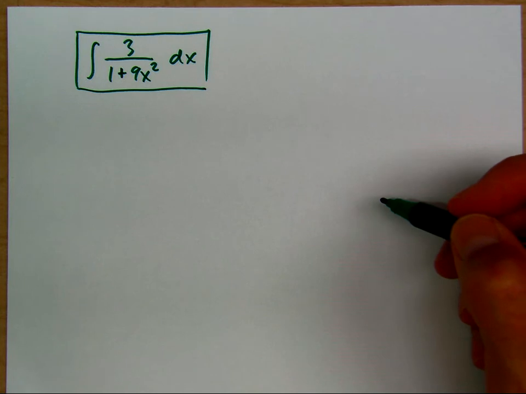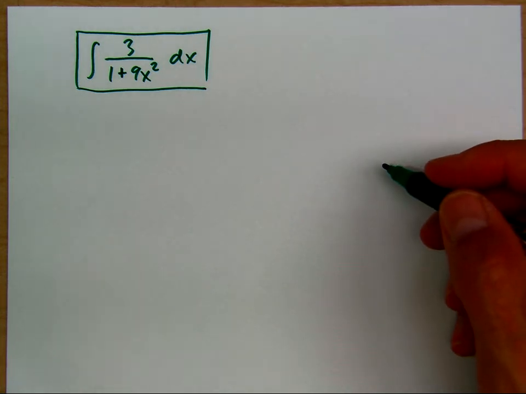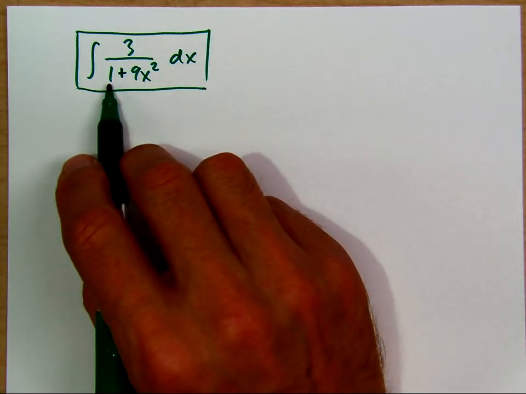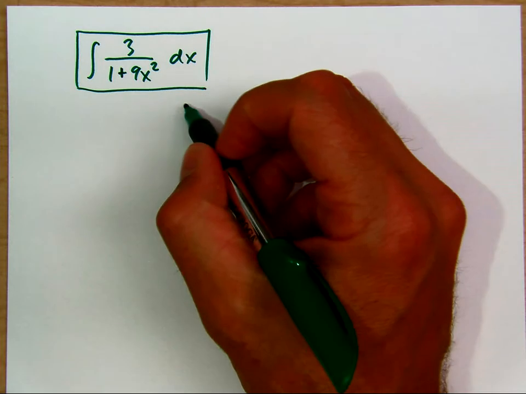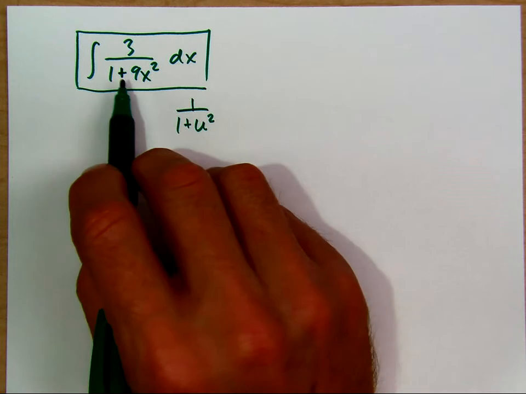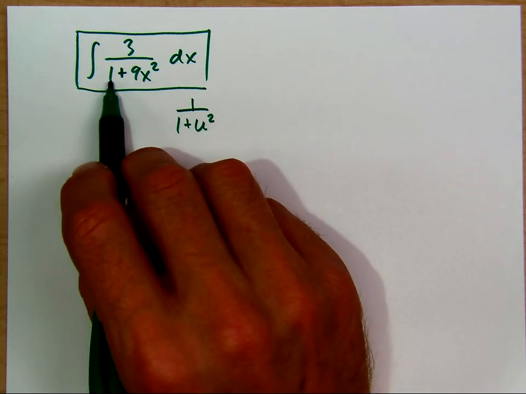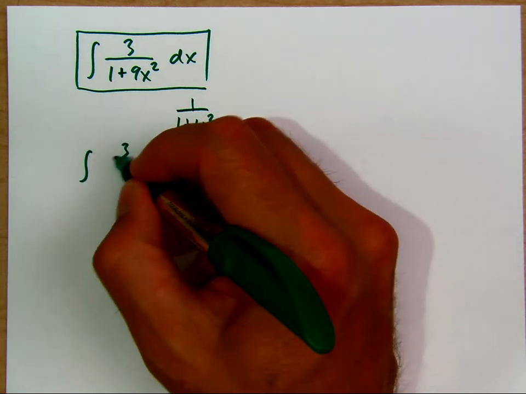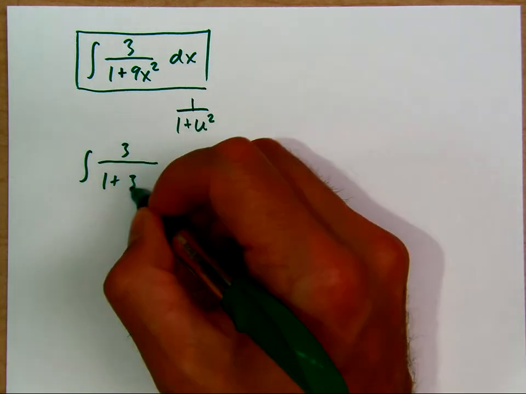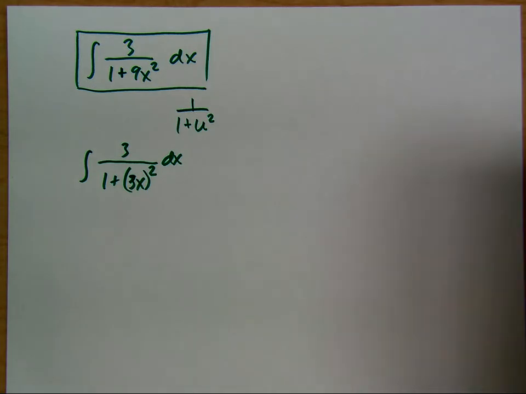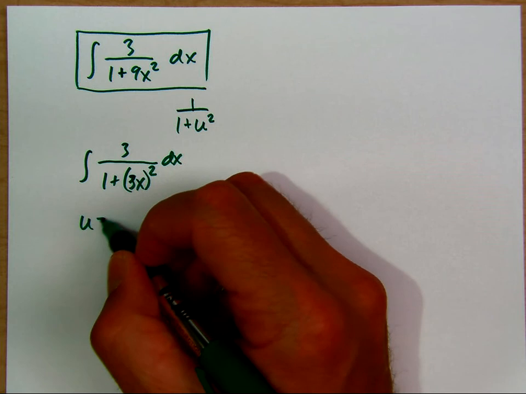Pause the video and try that one. Since there's no radical, we'll be looking for inverse tangent. So we know we're looking for 1 over 1 plus u squared, and we have a 1, so we don't have to factor. All we have to do is rewrite that and substitute.